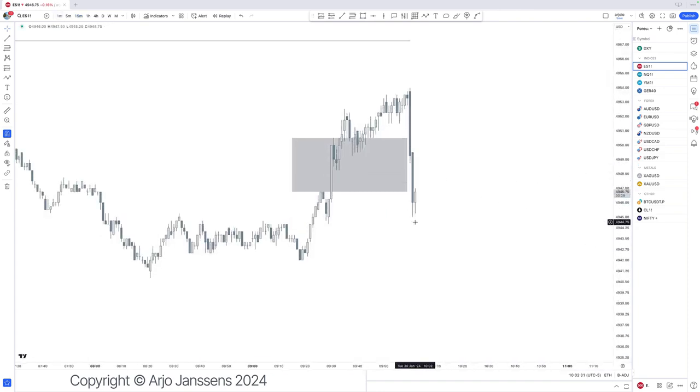All right, now if we get a retracement, it will become interesting to see if we actually want to respect premium raise or if this is just manipulation to continue higher.